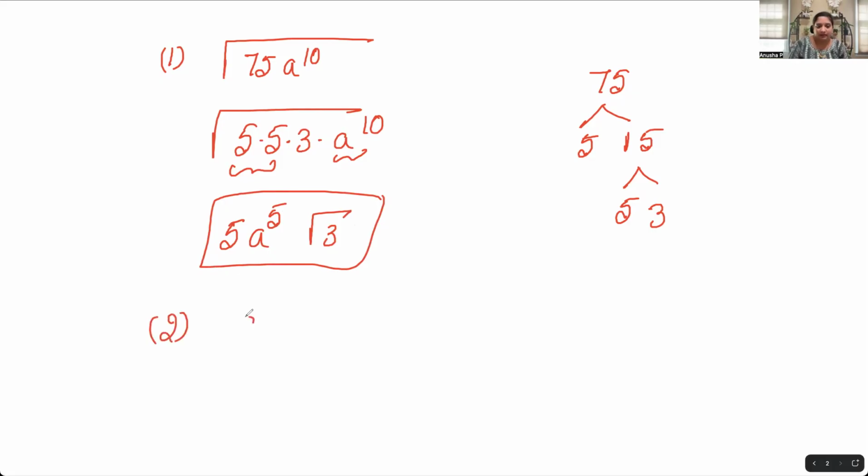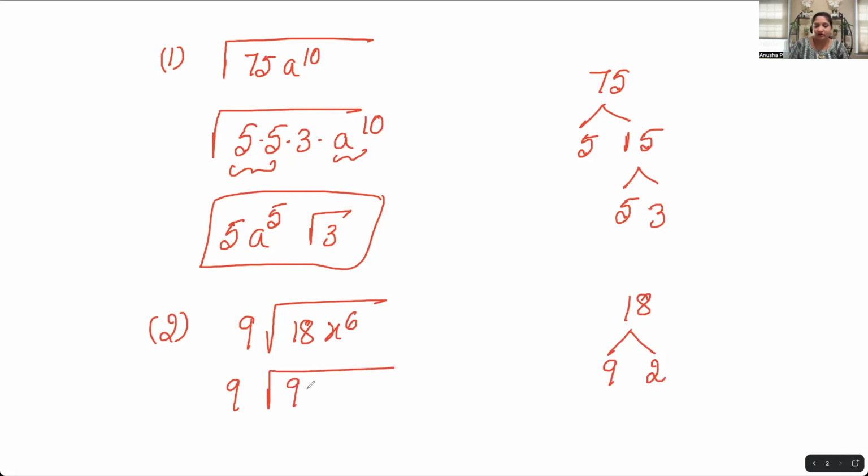Second example, 9 square root of 18 x to the power of 6. Do the prime factorization of 18, which is 9 times 2. Square root of 9 times 2 and x to the power of 6. What is the square root of 9? 3. 9 times 3.